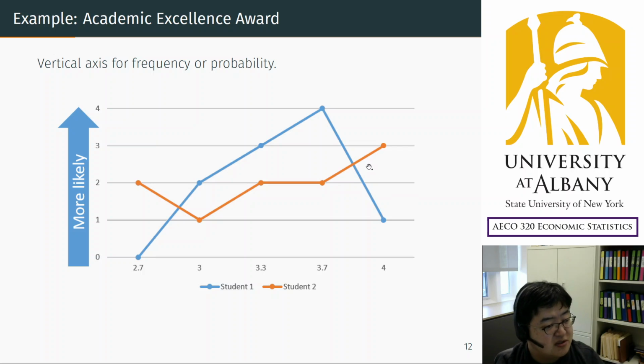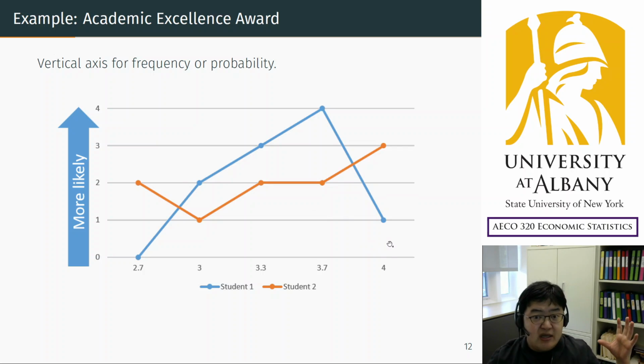So it's still uncertain who is better. If you compare this part, student 2 is better. But if you compare this part, student 2 is worse. Better in good grades, but worse in bad grades.